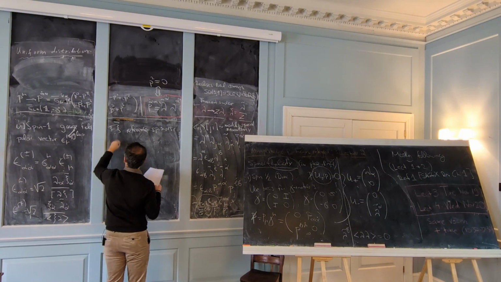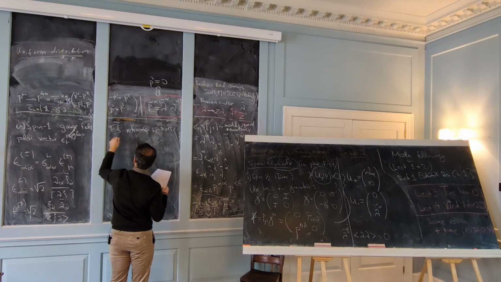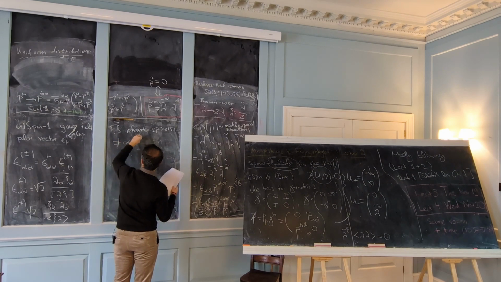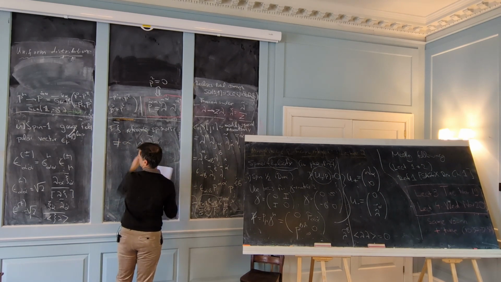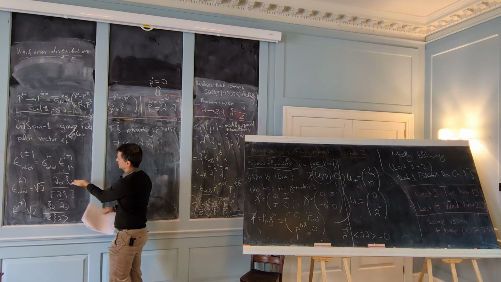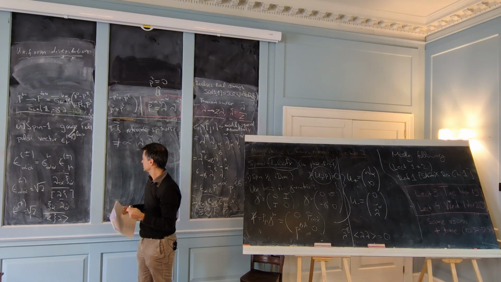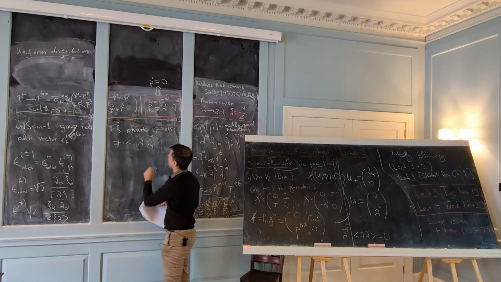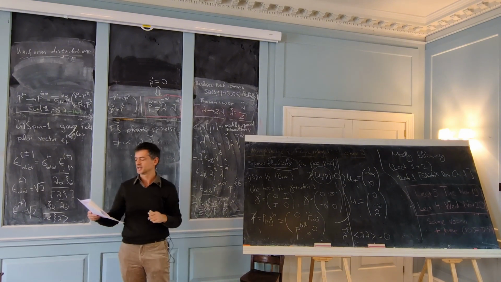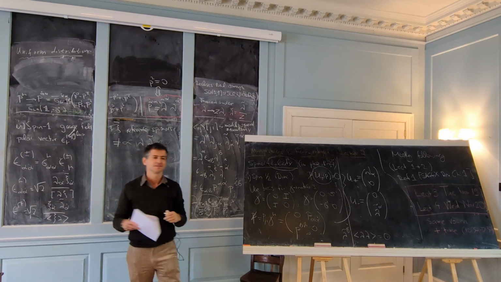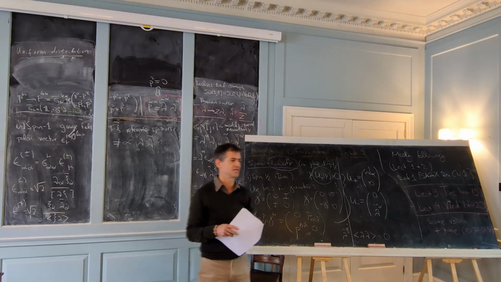Which are not proportional to lambda and lambda tilde. If they were proportional, this object would not make sense. It would be kind of longitudinal. Any clues, any ideas?